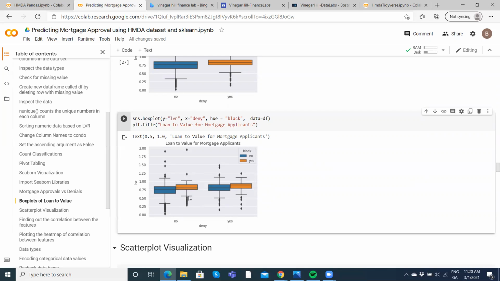Another issue that maybe needs to be addressed here: maybe these higher LVRs signify much higher rates of interest, and punitive rates of interest are applied.